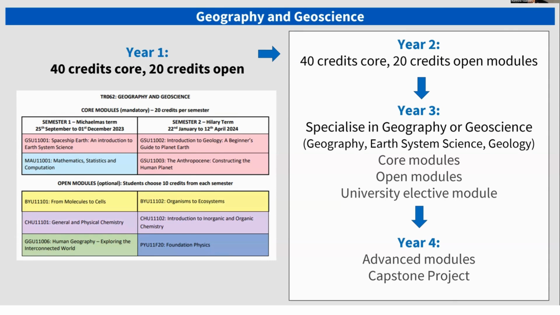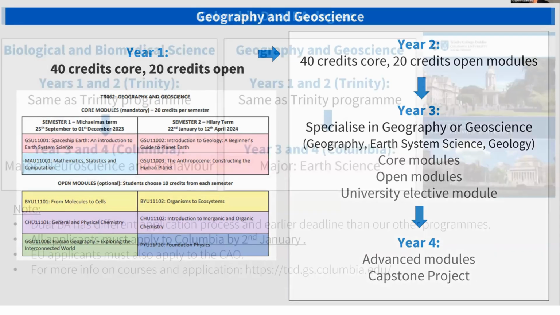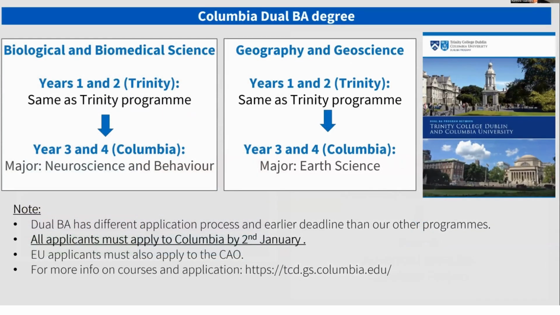Again, these are structured in terms of core modules and open modules in third year. There's electives in third year for all programs as well. So this is where students step outside of their discipline and study another topic that broadens their horizons and that's of interest to them. And then again in year 4, there are more specialized modules, and then all students undertake the capstone project as well.